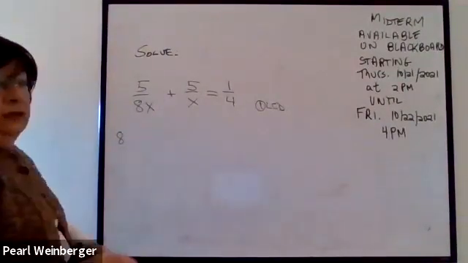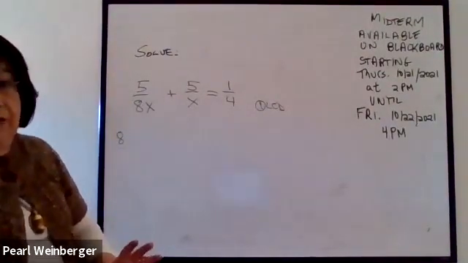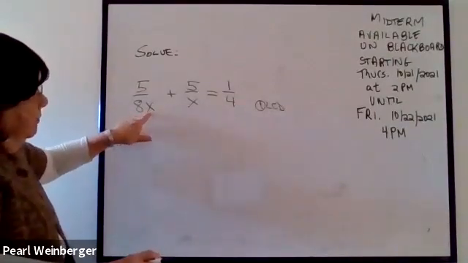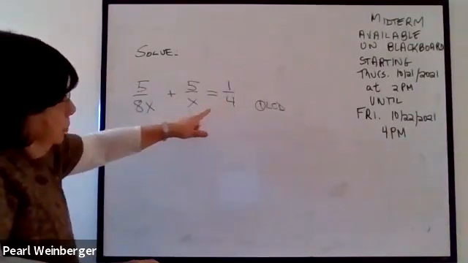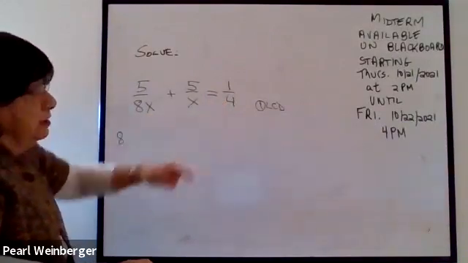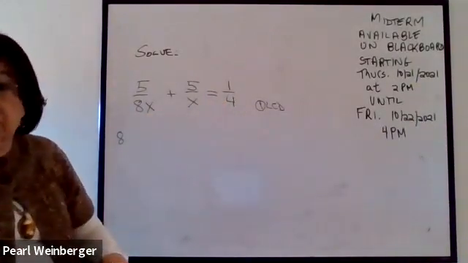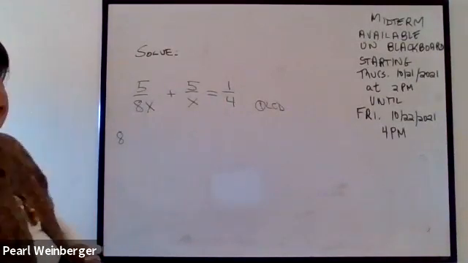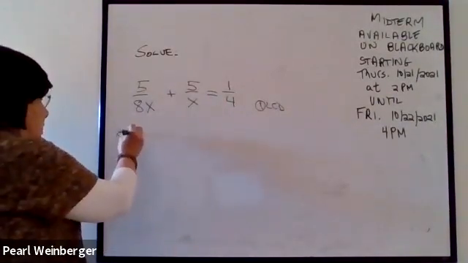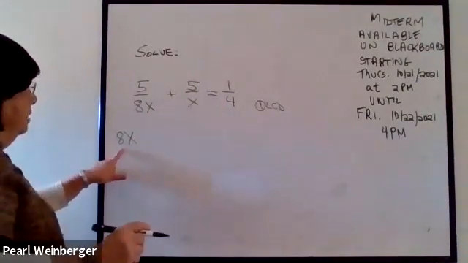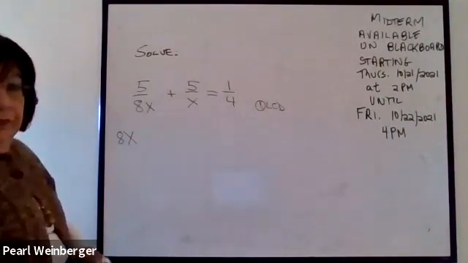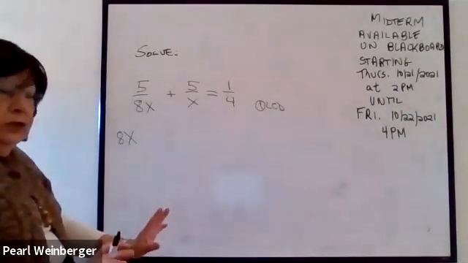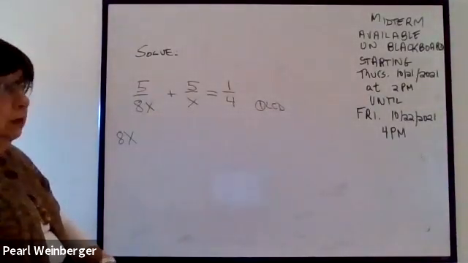So 8 is the LCD of the numbers, but there are variables here as well. I have an x, well, here no letter. The highest exponent of the variable that I see happens to be x to the 1, or just plain x. Our LCD is 8x. Okay, so just like we did with adding and subtracting, we find our common denominator.